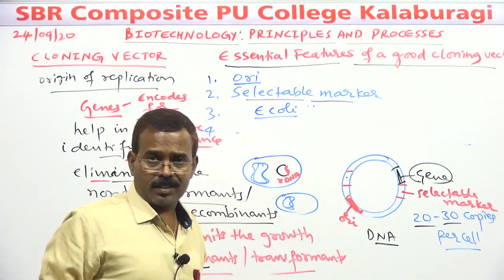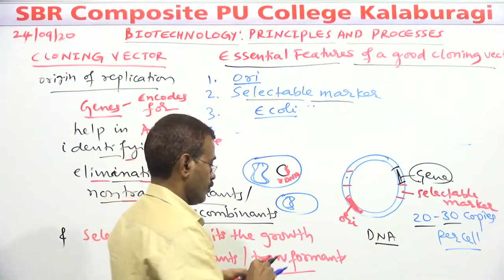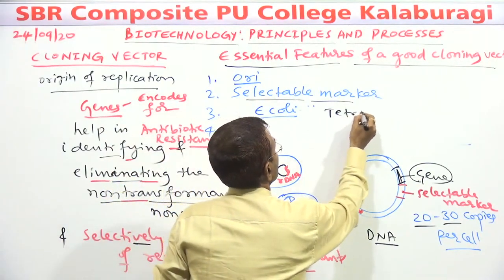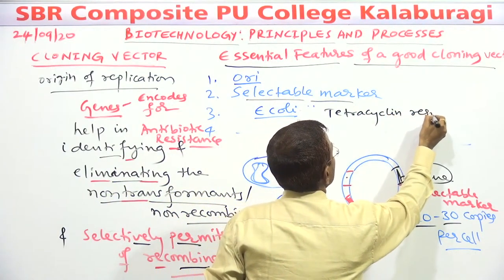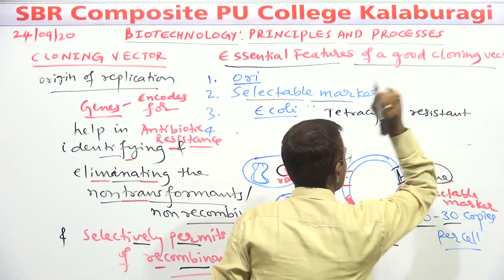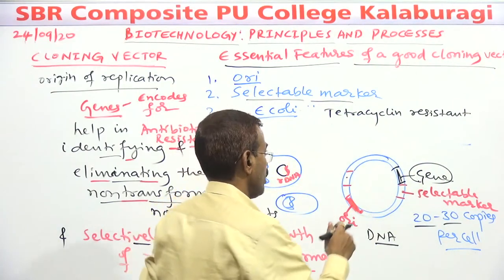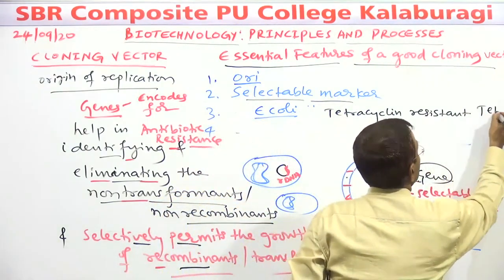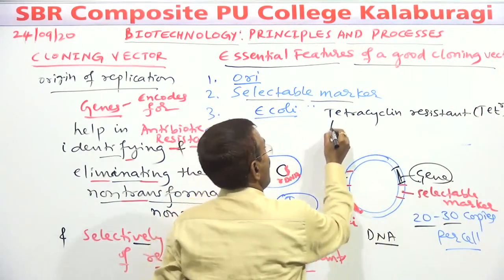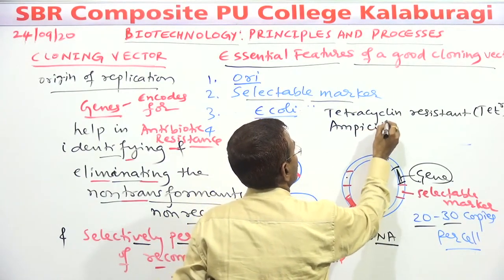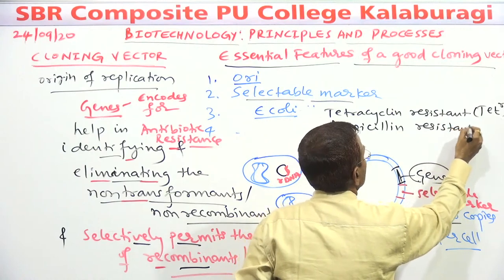The selectable markers which are effective in E. coli are one antibiotic, that is tetracycline resistant. In short, what will we write? TTR, tetracycline resistant. Then ampicillin resistant.